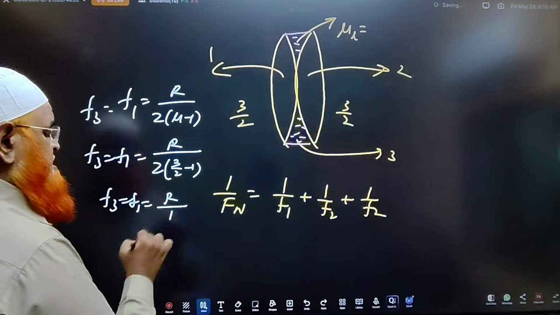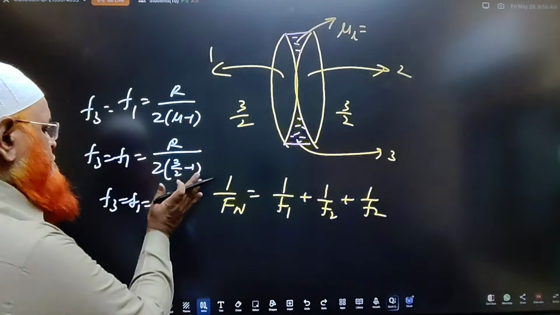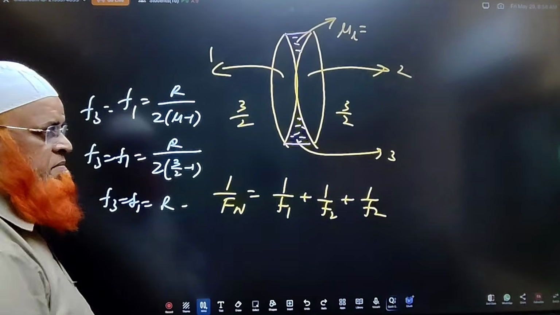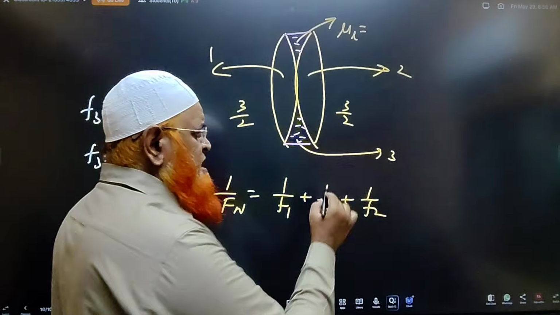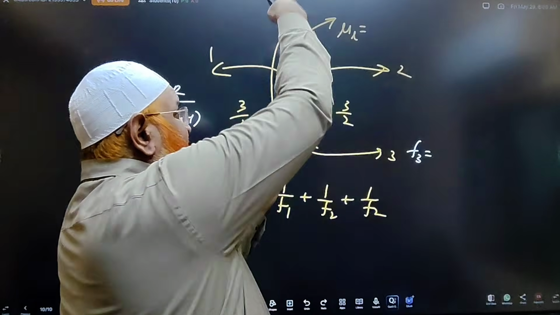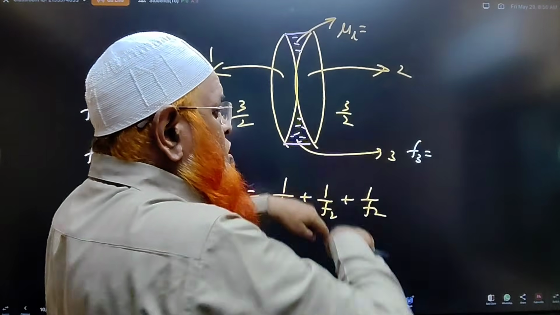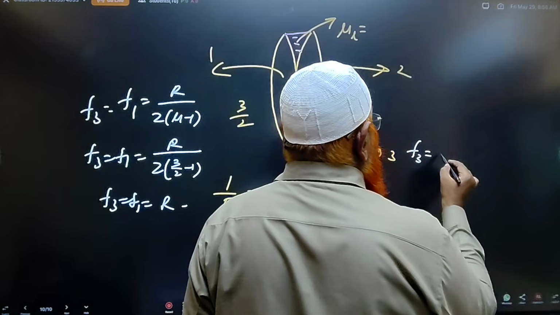So how much will you get? Just R, because 3 by 2 minus 1 is 1 by 2 and these two get cancelled. So finally you are getting R, the same one. The middle one is the different one. We don't know what the refractive index is. When you place the liquid inside, it is behaving like a concave lens, an equiconcave lens. Then what is the formula you are going to write?